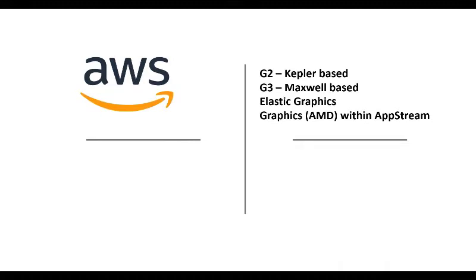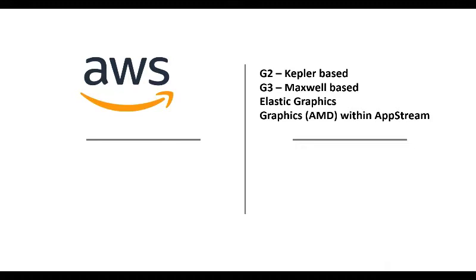G2 is Kepler based, G3 is Maxwell based, like the NV series in Azure, and Elastic Graphics is really designed for OpenGL applications. So it's more like, okay, let's outsource the OpenGL task to a more centralized unit, and then bring back the results to the actual running instance type.